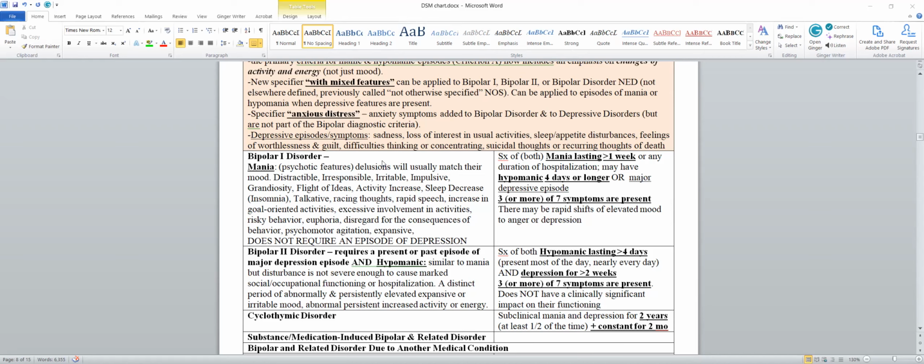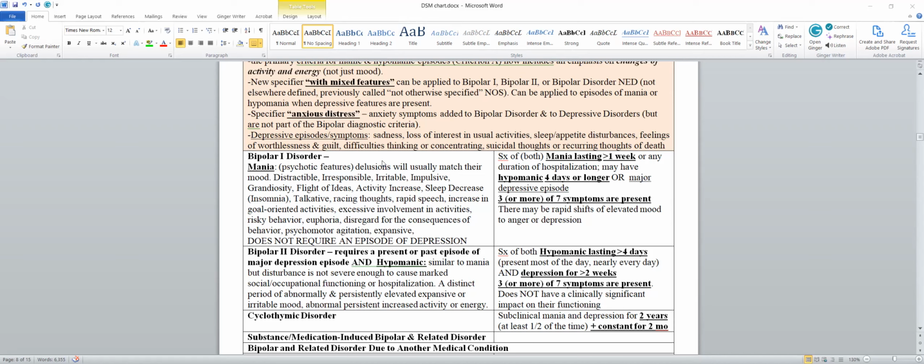So bipolar 1, the symptoms of mania must last at least 1 week or any duration of hospitalization, may have hypomanic 4 days or longer, or a major depressive episode. 3 or more of the 7 symptoms are present.